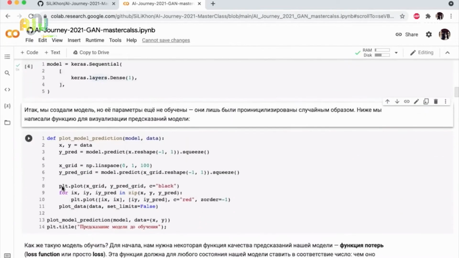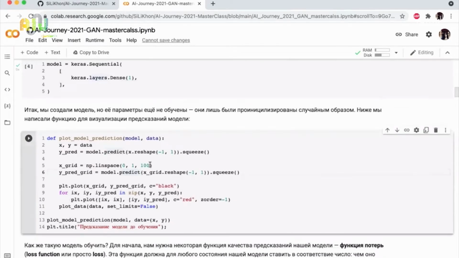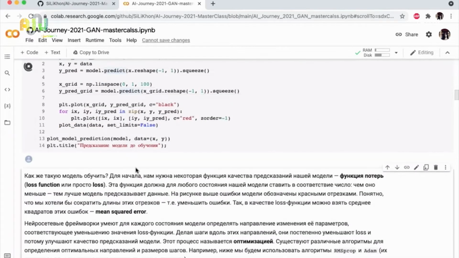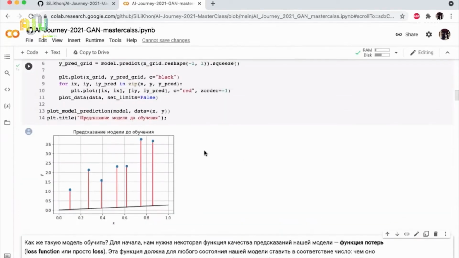We have created a model, and a little bit lower there is another function. The idea of this function is that it accepts the model and data, draws this data and draws the model's predictions. If we run it now, then we will obtain this picture. The model has not been trained yet. We just created it.